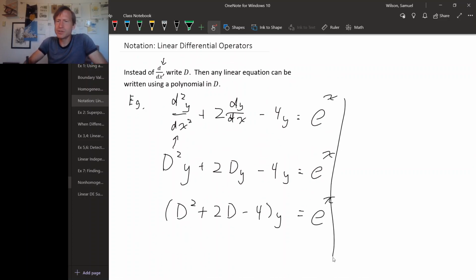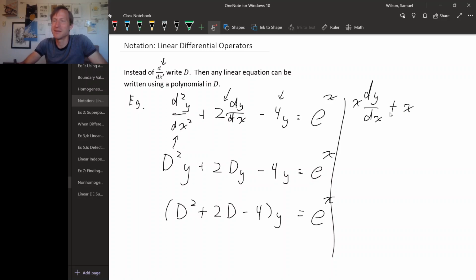If your linear differential equation has coefficient functions of x, so here my coefficient functions were constants, but if you have a linear differential equation that has coefficient functions of x, I'm going to write a first order equation just so I don't have to do so much writing for this example.